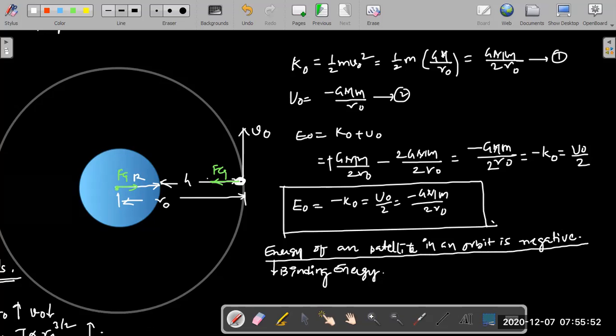If at all it wants to become free, you have to supply that much amount of energy, then only it can become free. Is that okay? Just like an electron, you supply ionization potential, that will become free. So here also we do the same thing. Got the point?